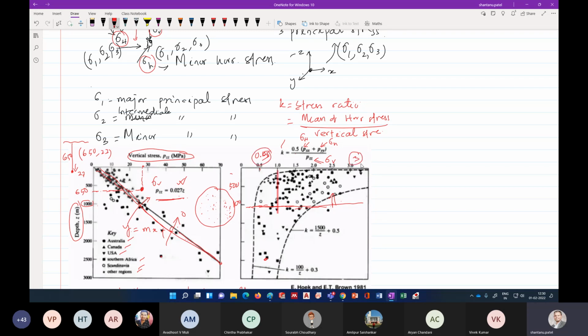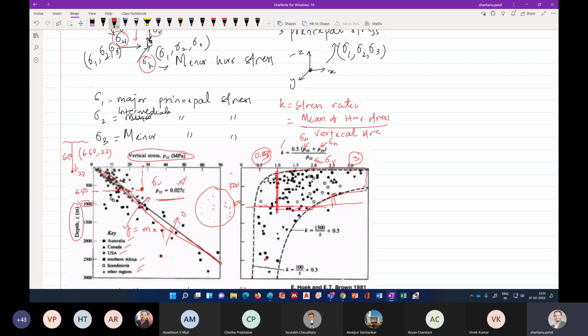So knowing this horizontal stress is very, very important. Can anybody tell me why this is happening? Why is the horizontal stress more than the vertical stress in most cases? So sigma h equal to sigma v is this line. But most of the data points lie in this region here.